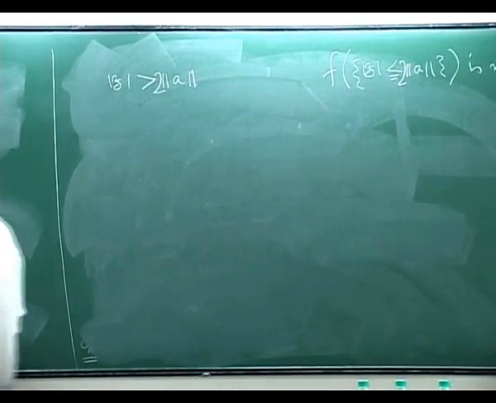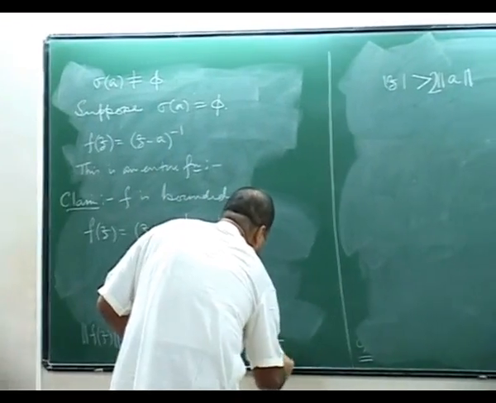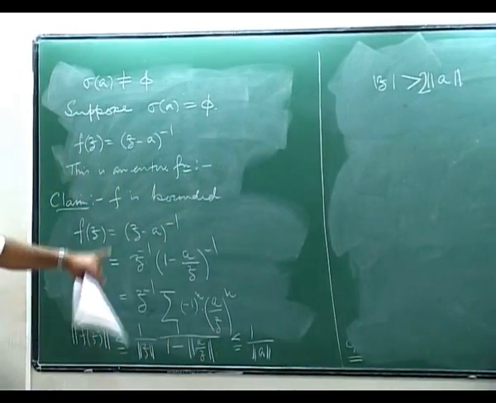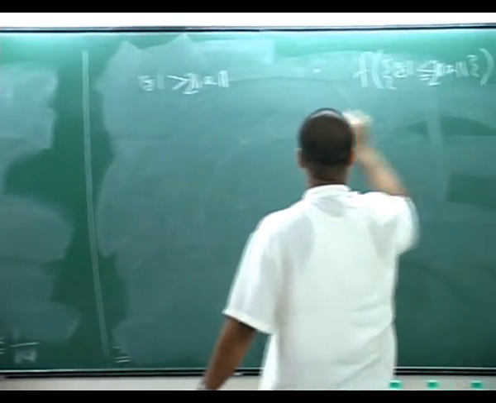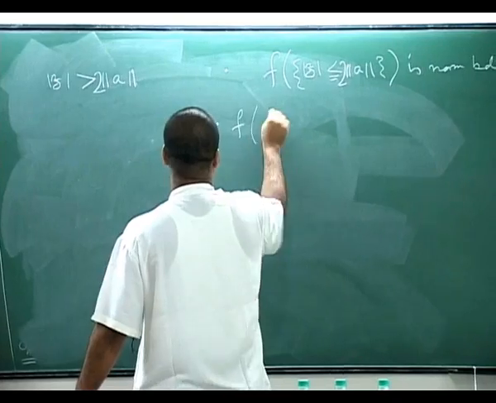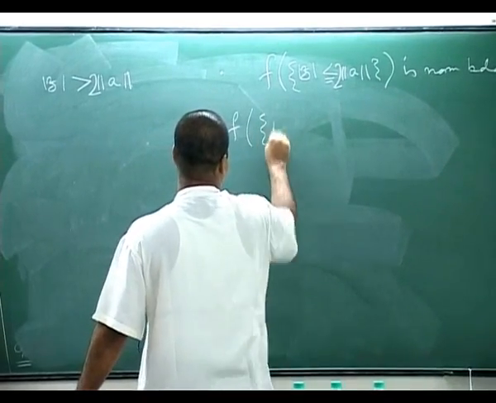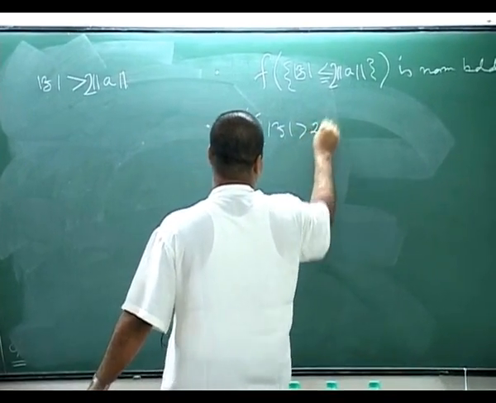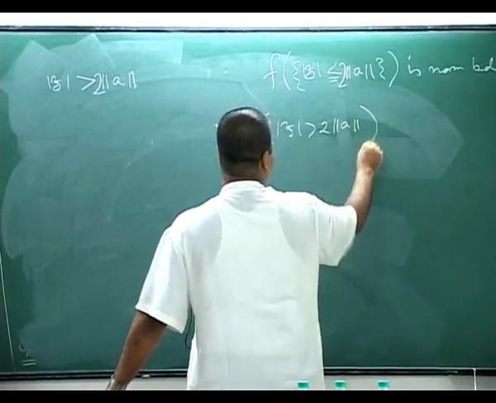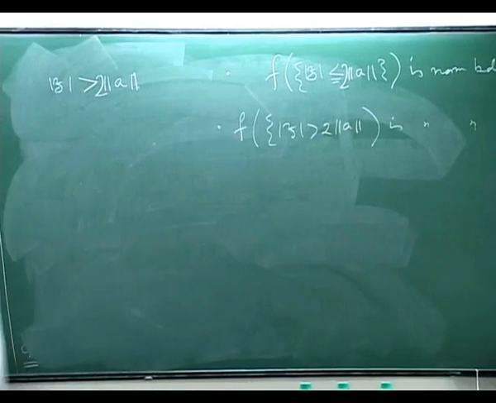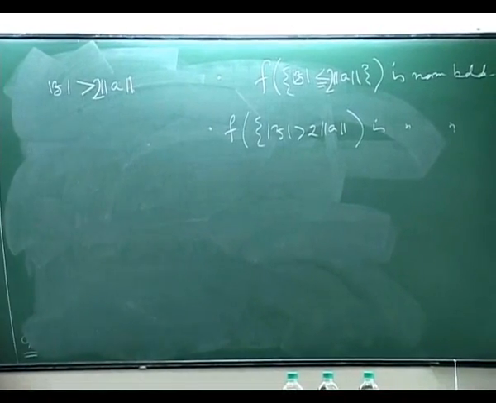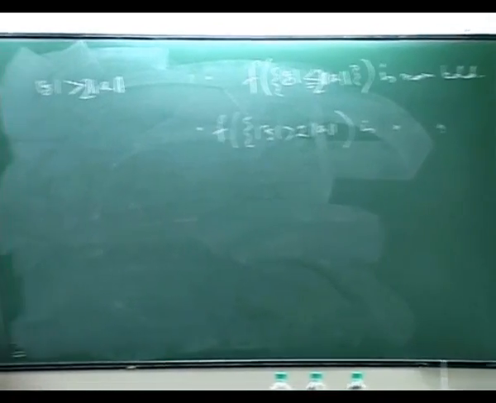Then in that region, this quantity is less than or equal to 1 by norm A. So by that corollary, this is norm bounded, and f of this region is also bounded, but they together cover C, therefore f is bounded, or maybe norm bounded.